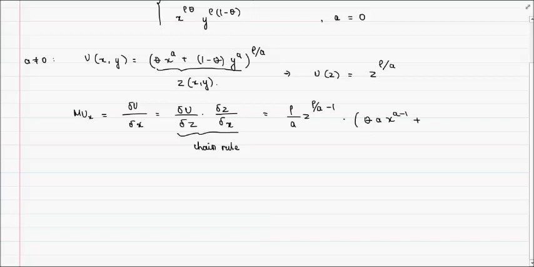When you differentiate a constant you get 0, which is the constant rule. So a cancels with a, and what I'm left with is rho times theta times z to the rho on a minus 1 times x to the a minus 1.